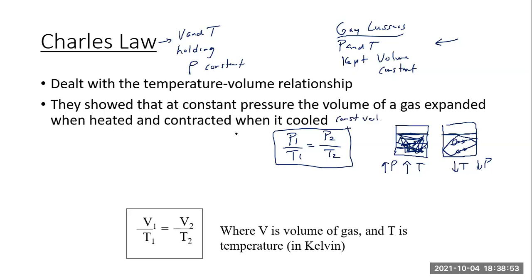So what happens in Charles' law situation? Well, if we start with our same container, but actually I want to draw it here, instead this container is no longer fixed in terms of the volume.